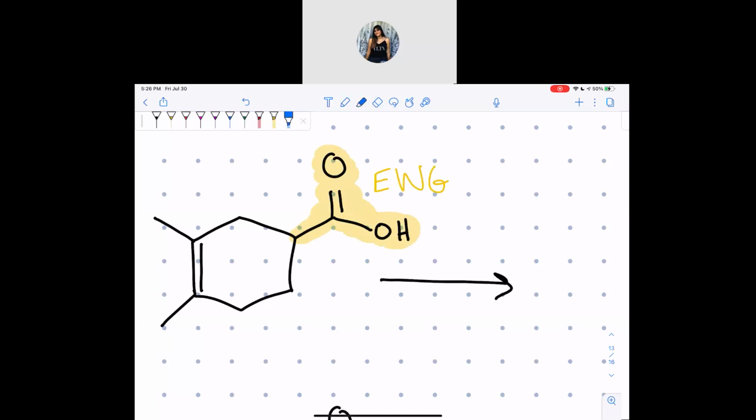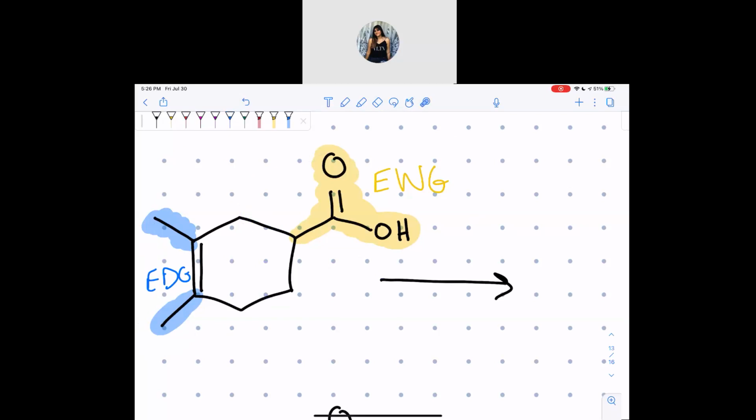And I see electron donating groups. And I know the electron donating groups want to be on the diene. The electron withdrawing groups want to be on the dienophile. So I know this area is the dienophile. I know this area is the diene.